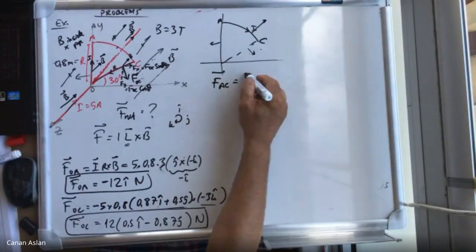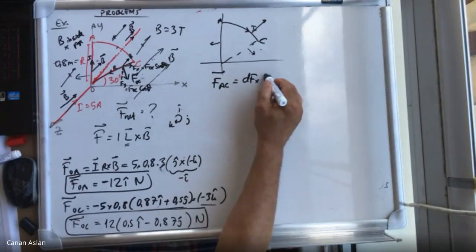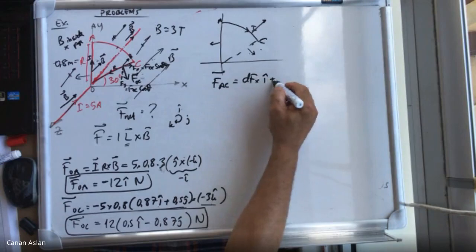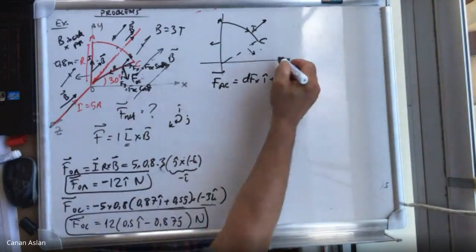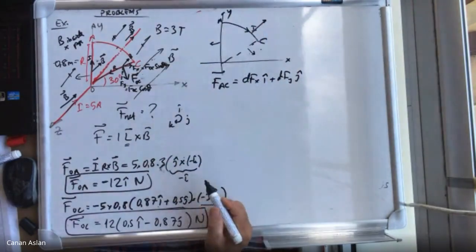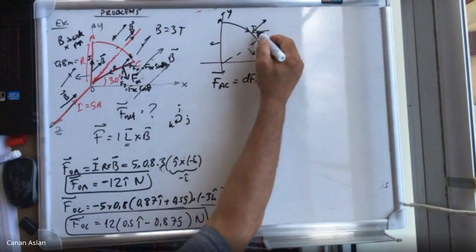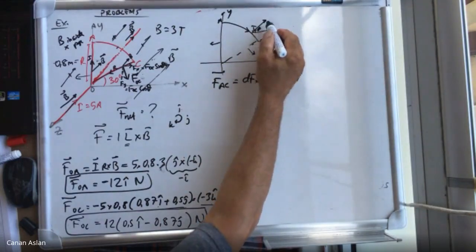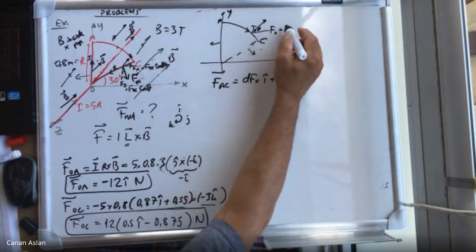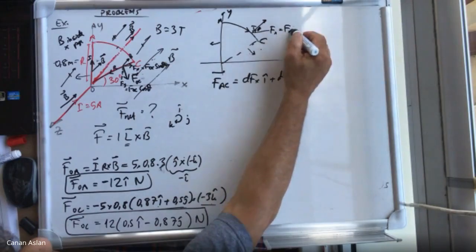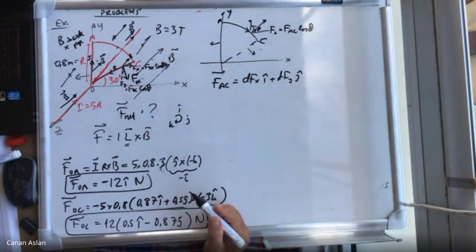Actually, it's just the sum of the two vectors, dFx in the I direction plus dFy in the J direction. Don't forget, this is still x and y. So if this is theta, then of course Fx will be given by F_AC times cosine theta, and similarly Fy will be given by sine theta.